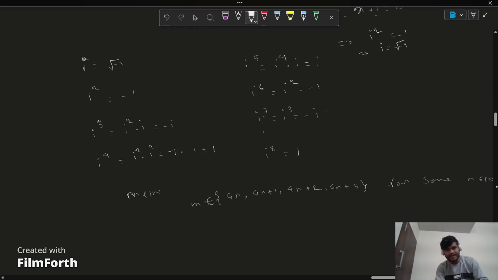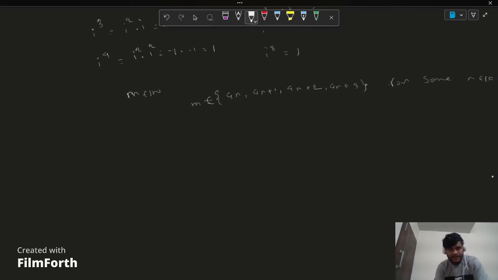Now we have an interesting thing here: i to the power 4n, that is i to the power 4 to the power n, will be 1 to the power n, that will be 1.